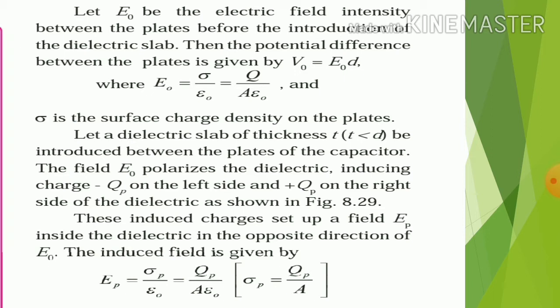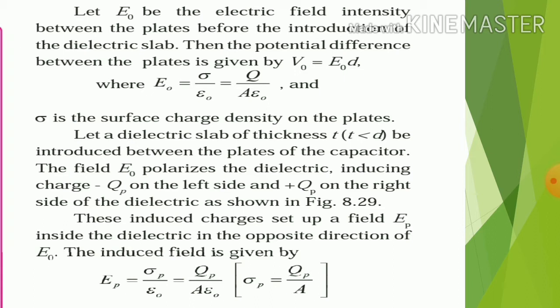So this equation becomes sigma p, that is surface charge density of the thin dielectric slab or plate, sigma p equal to qp, the charge on the thin dielectric slab or plates, divided by area of each plate of the condenser or capacitor. Therefore, sigma p equal to qp upon A.